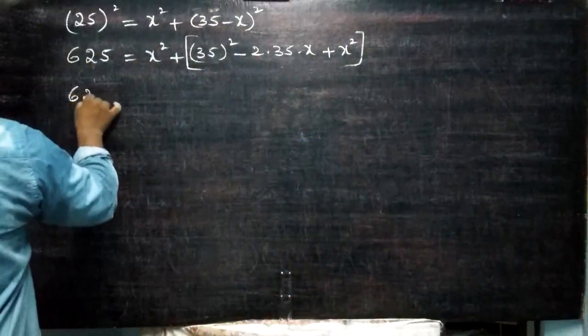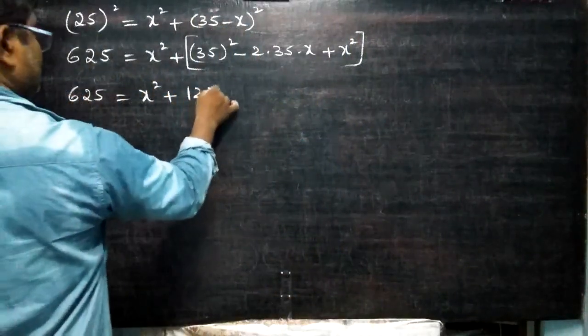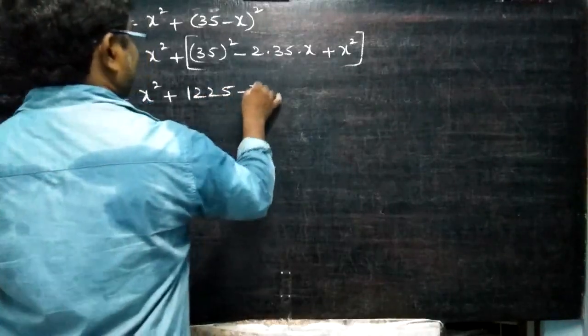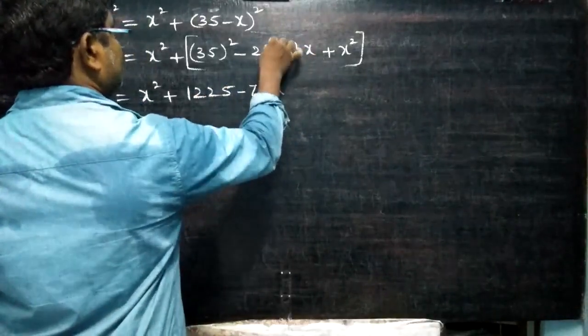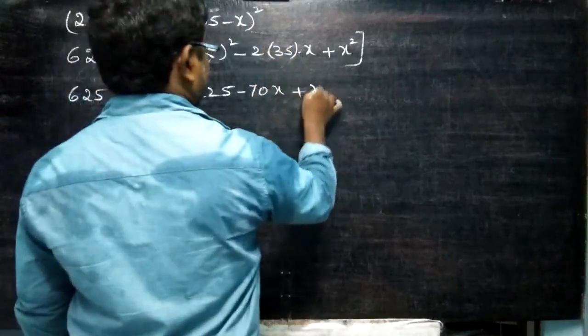Now 625 is equal to x square plus 1225 minus 70x, 2 35s are 70, x plus x square.